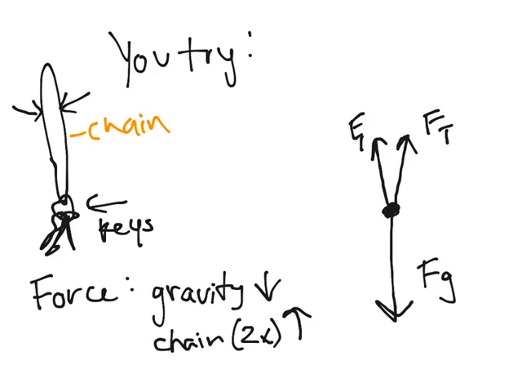So it would be the force of tension. That kind of looks like an E, I'm going to redo that. So it'd be the force of tension, for our keys being pulled up by its chain, and gravity pulling it down.